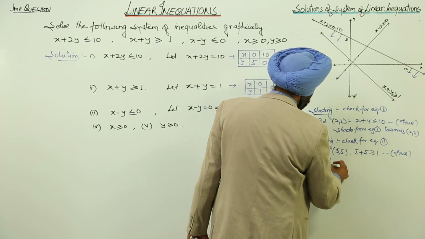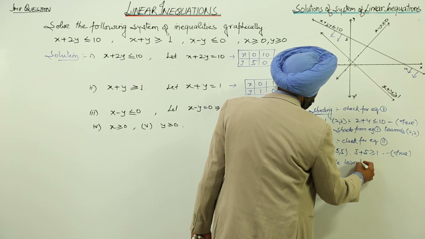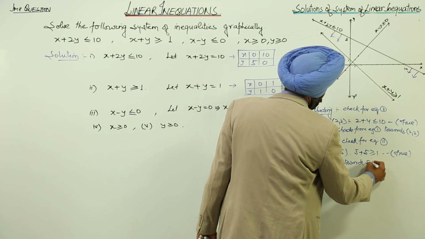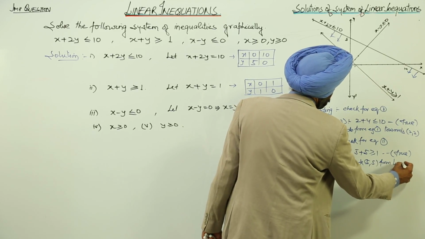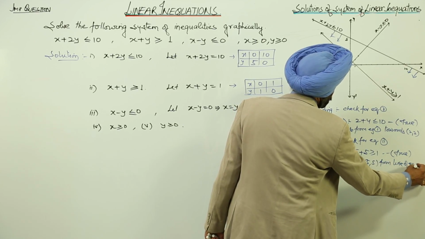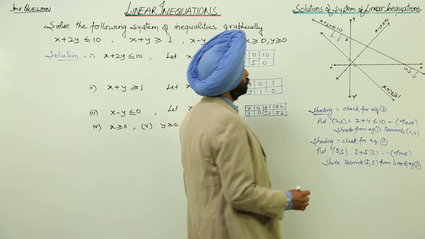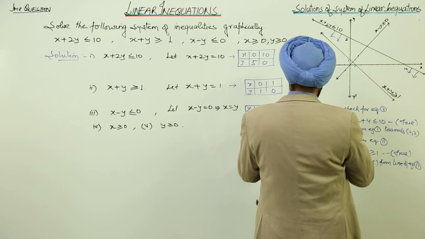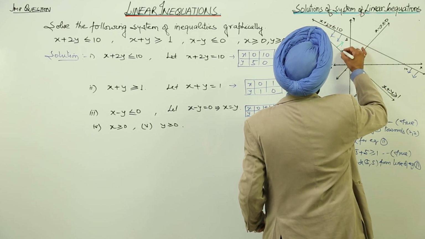So shade towards 5 comma 5 from the line of equation 2. Okay. Now equation 2 was which one? This was the equation 2. So shading will go on this side.